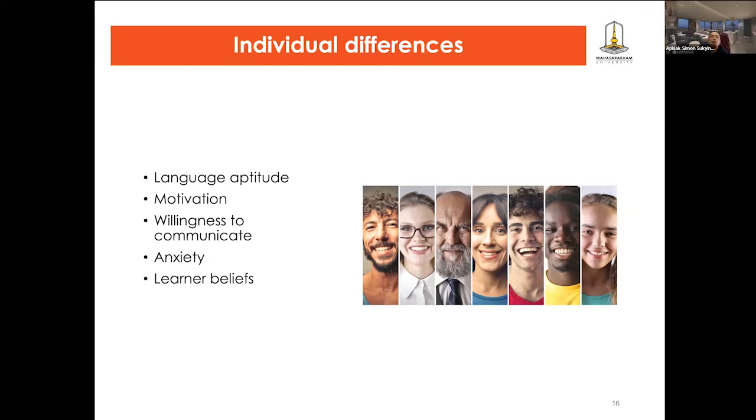Okay, individual difference. You mentioned LGBTQ plus, and that's another aspect of individual difference. Of course we need to know our learners, our students, so there is a variety of genders there.